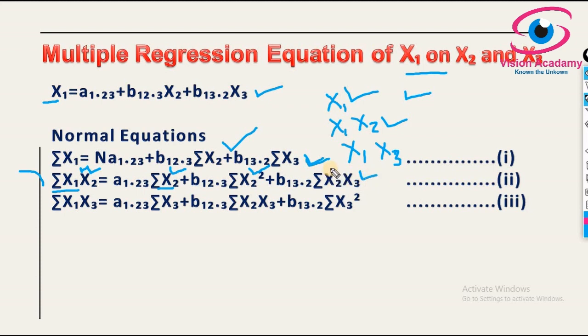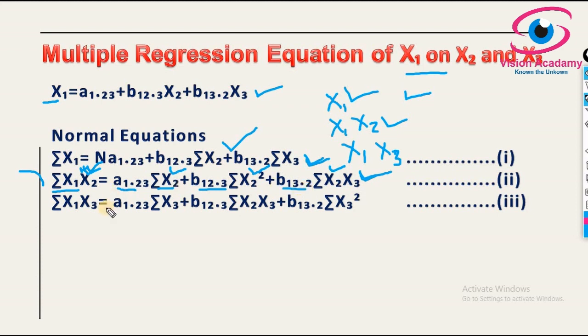So again summation x2 relating to this. All other possible combinations relating to x2 I have to consider in the case of the second equation. Except that, a1.23, b12.3 and b13.2 are the same for all three equations.